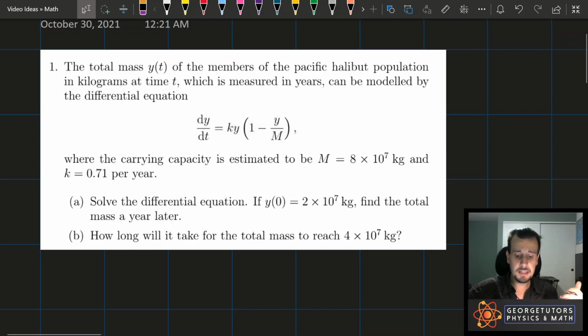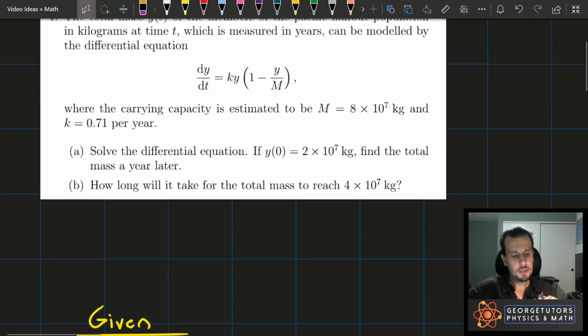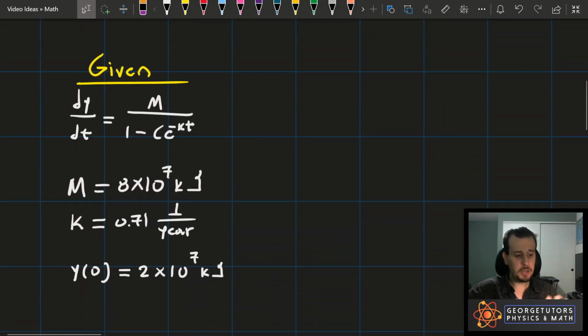And the nice thing is they give us, again, the carrying capacity of the population in mass, as well as the rate, again, in terms of year units, per year units, I should say. So my first thing right now, before I even tend to question A, I want to see what those values do to my logistic equation.